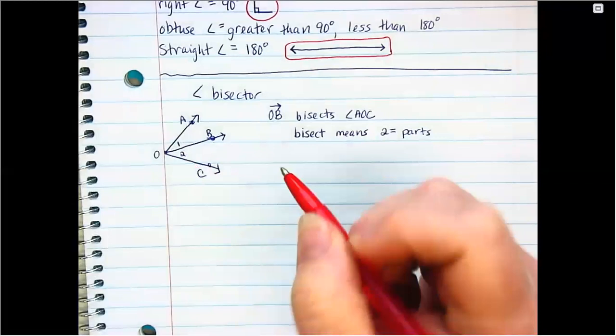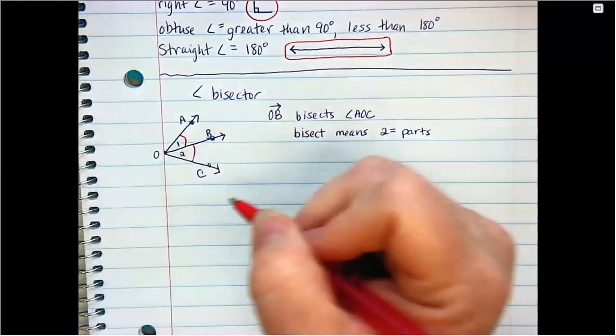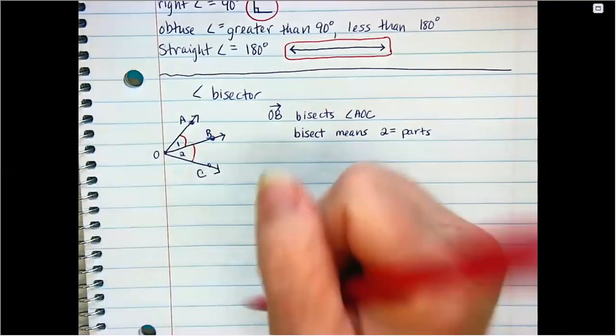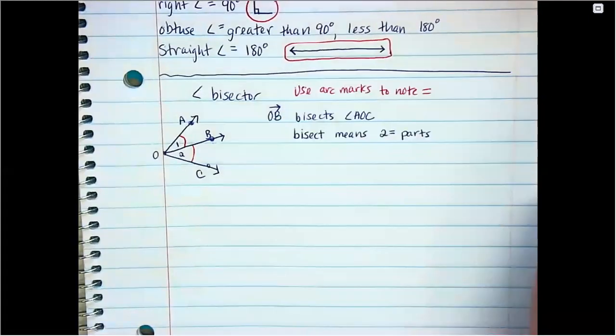So we're going to use the notation of an arc mark. Okay. Angles are arcs, so they get arc marks. So I'm going to put this up here, use arc marks to note equal. Arc marks mean equal.